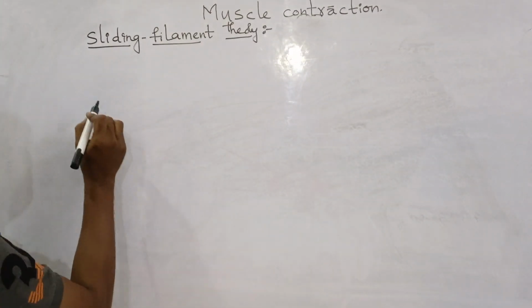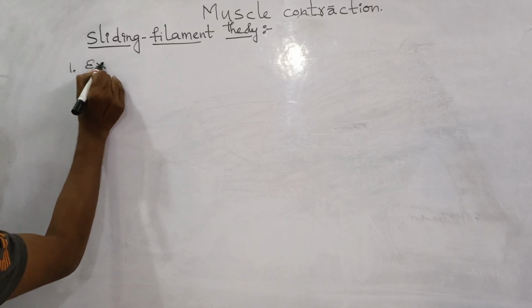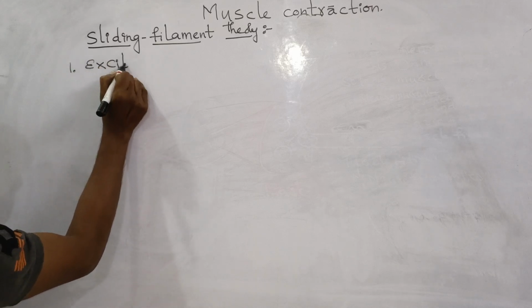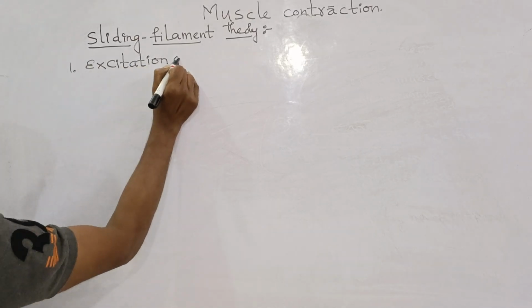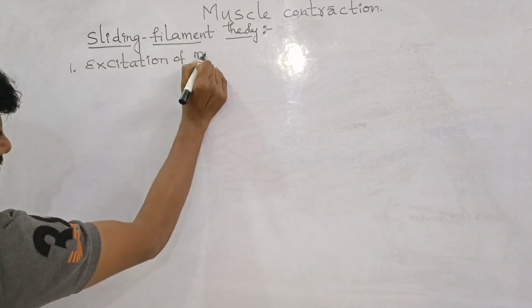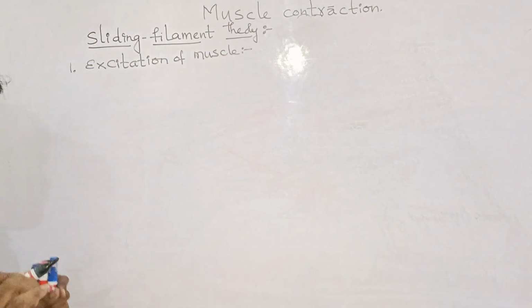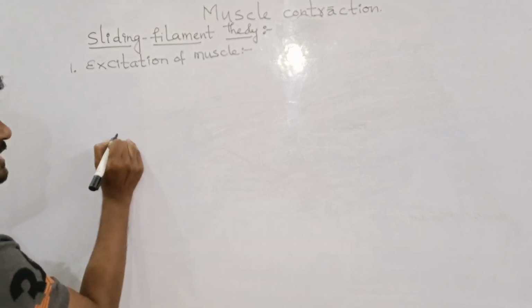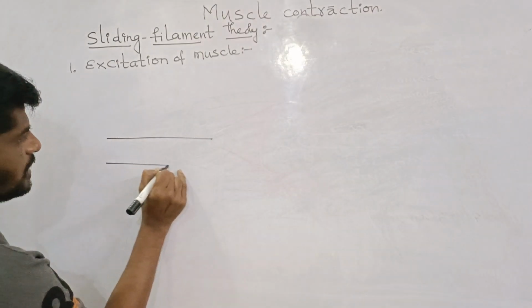In the sliding filament theory, the first step is the excitation of the muscle. What is the meaning of excitation of the muscle? This is the sarcolemma.